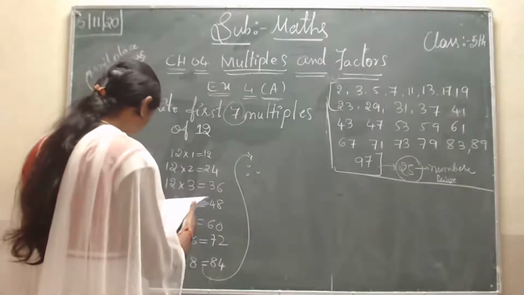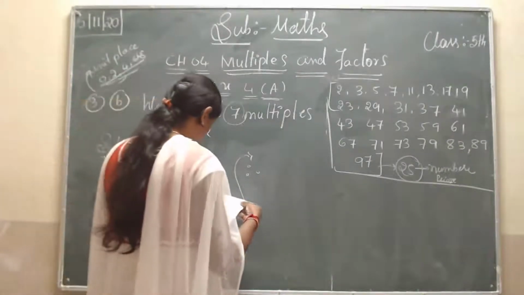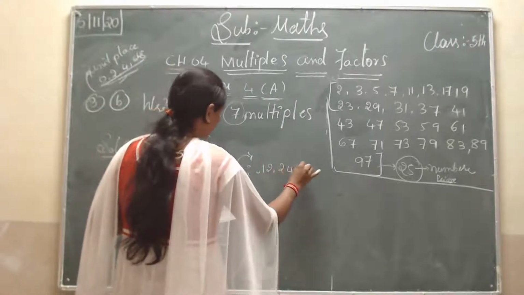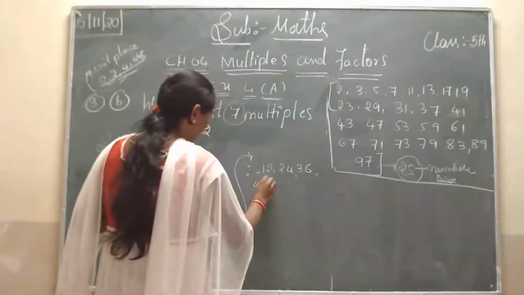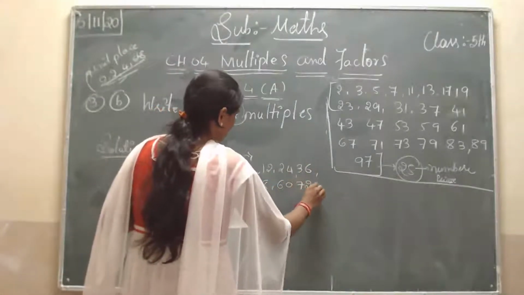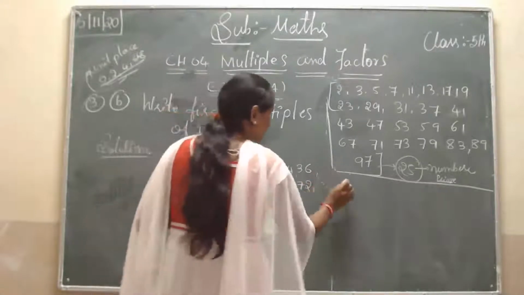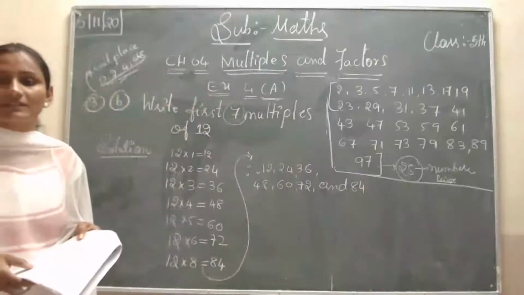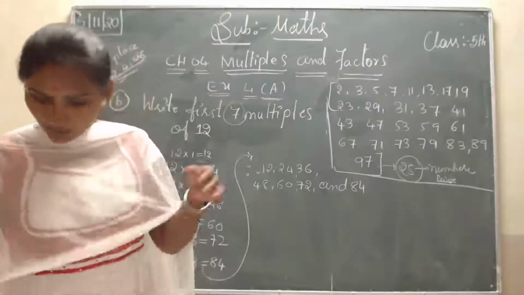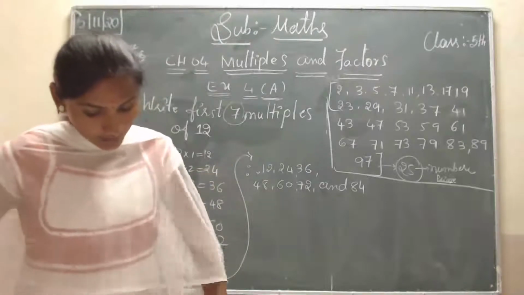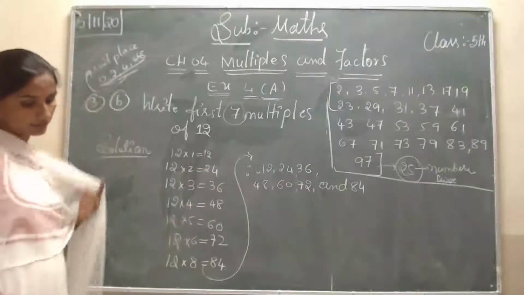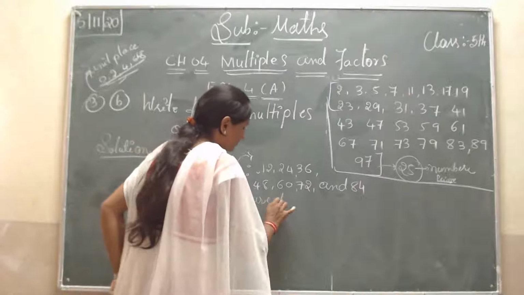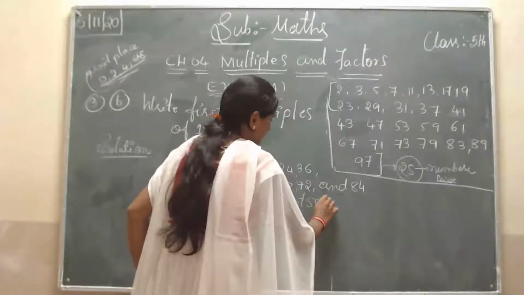So you have to write here, therefore: 12, 24, 36, 48, 60, 72 and 84. So these are the multiples of 12. So we have to write here: these are the multiples of 12. It's 7.